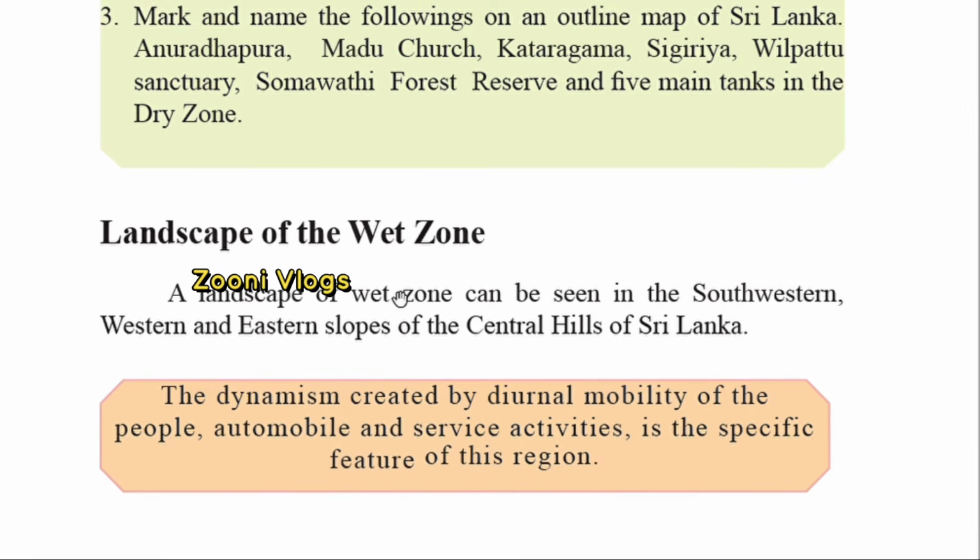A landscape of the wet zone can be seen in the southwestern, western and eastern slopes of the central hills of Sri Lanka. Now you came from the dry zone. First you were in the hilly region, then you were in the dry zone, now you are in the wet zone.